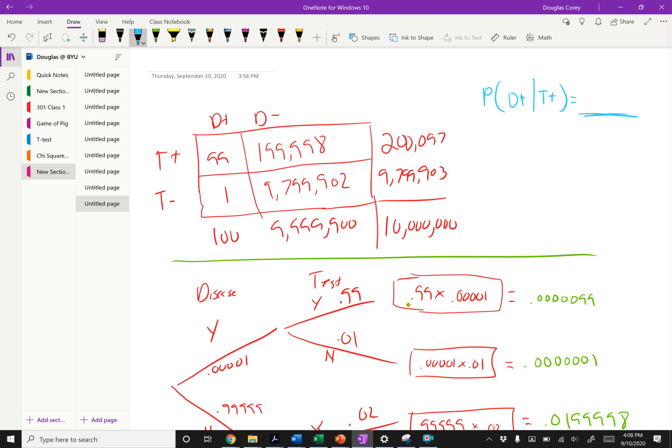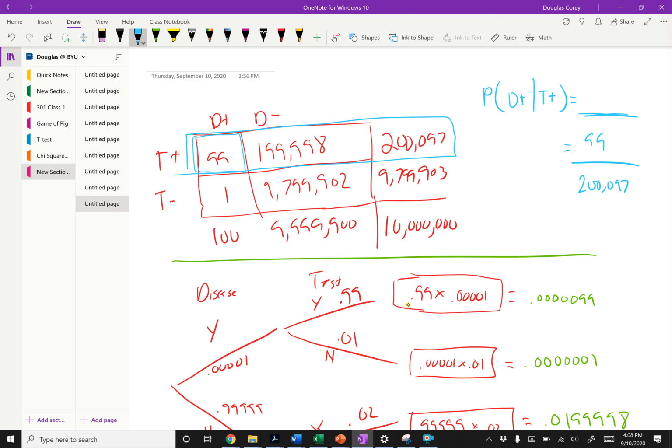So this is the positive testing column, and you can simply do the ratio of those that actually have the disease of those that test positive, divided by the total. So if I did this right, 99 over about 200,000. So that is the probability of actually having the disease.